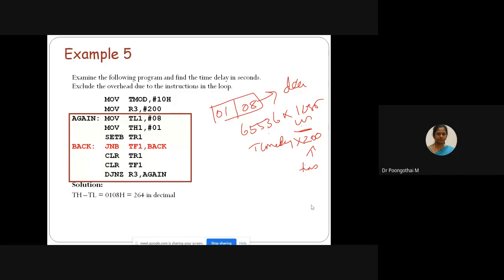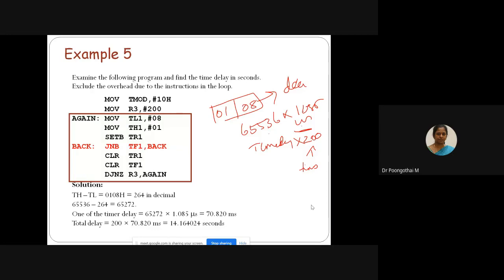0108 hex, decimal equivalent 264. Subtract 264 from 65536, which gives 65272. Multiply that value by 1.085 microsecond. What is the value? 70.820 millisecond.